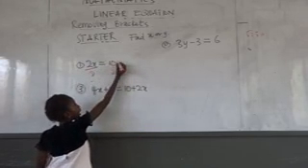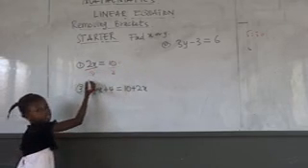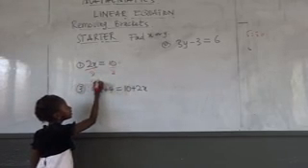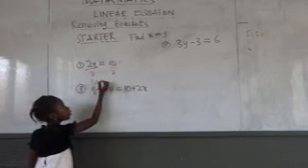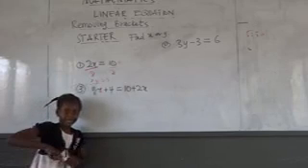So 2 times 5 is 10. So therefore, x is equal to 5. Alright, you have done well.